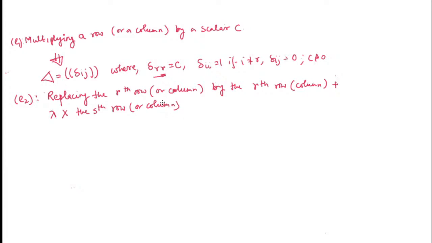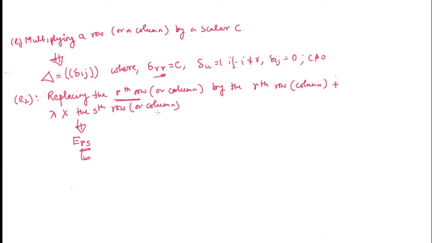So here delta I use a matrix ERS because I apply replacing the rth row by rth row plus lambda into sth row.